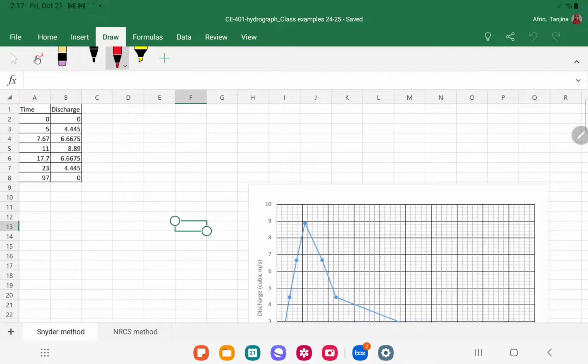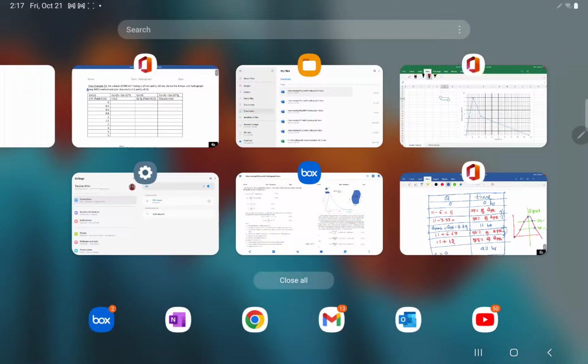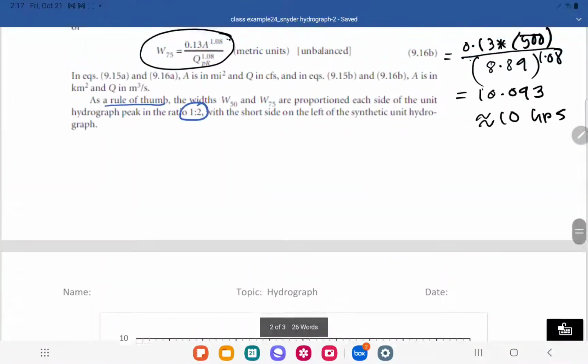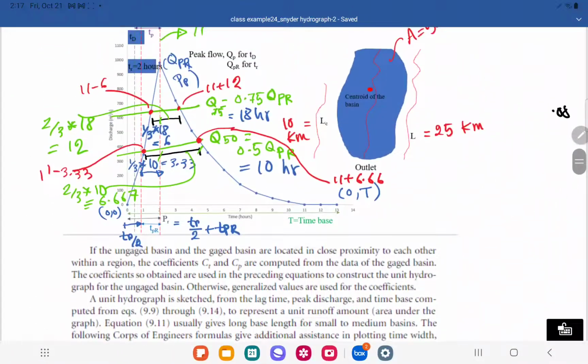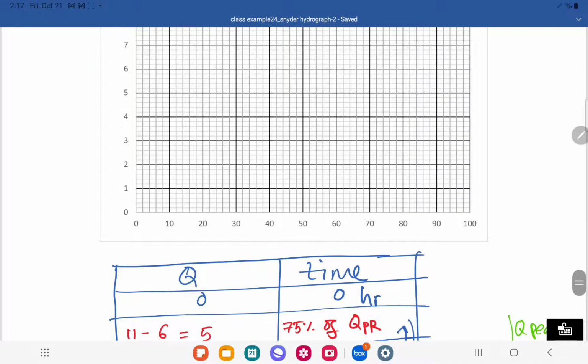All of these are here, and once you plot that, you can actually get this type of shape with these 7 points. So what you will do for your copy, once you have all the numbers, you will just plot on your copy here on the Excel curve. Okay, so that will be the class example 24.